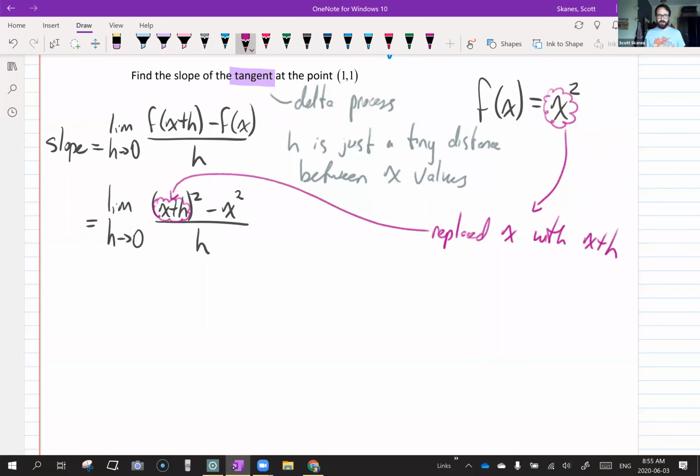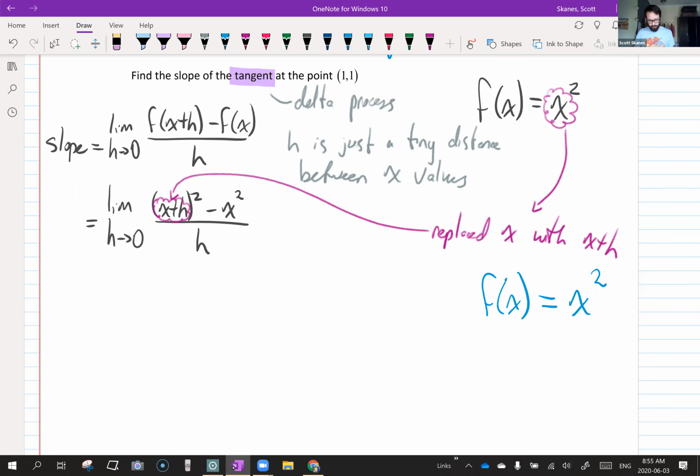At this point, it doesn't have anything to do with the approaching of 0. Let me try to write it out as clear as I can. Our function, I'm going to erase this, is x squared. We're just saying, look, I have two versions of this function.